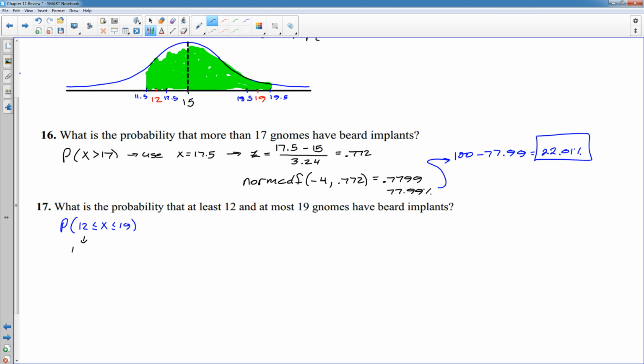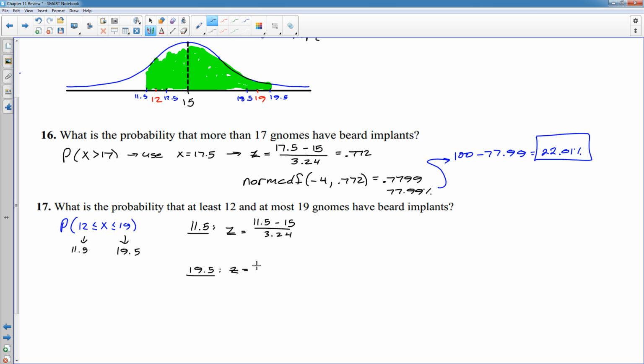So we're going to use 11.5 and 19.5, which means we need to compute two z-scores. My z-score for 11.5 is 11.5 minus my mean, which is 15, over standard deviation, 3.24. I'm going to go ahead and write down my z-score for 19.5.